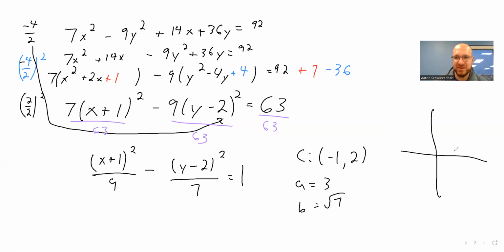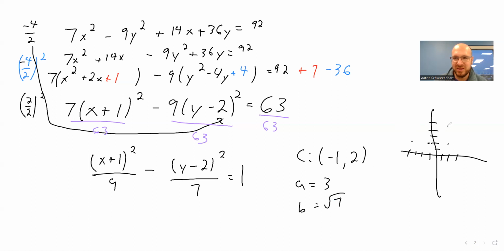This one, if I go to graph it, here's my center here. Gotta go 3 each way in the x to plot my 2 vertices.